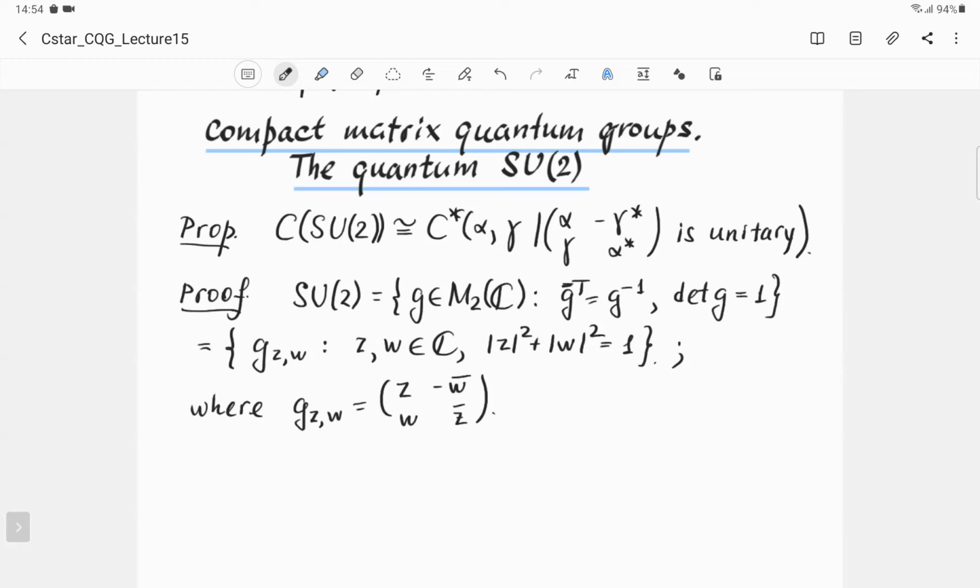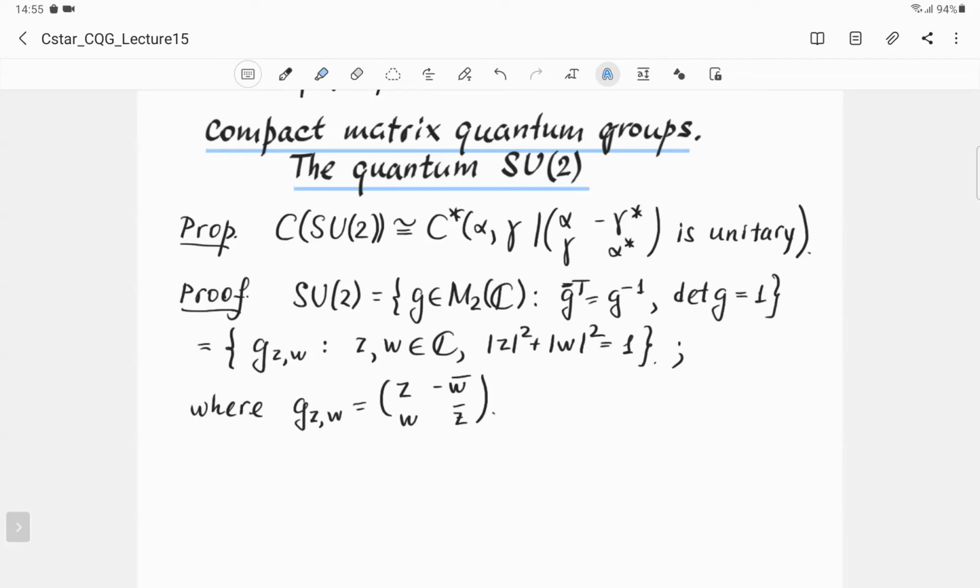Okay, now we introduce the elements alpha and gamma. So basically what we want to do is find two elements alpha and gamma in the algebra of continuous functions on SU2, such that the respective matrix is unitary, and such that the suitable universal property holds.